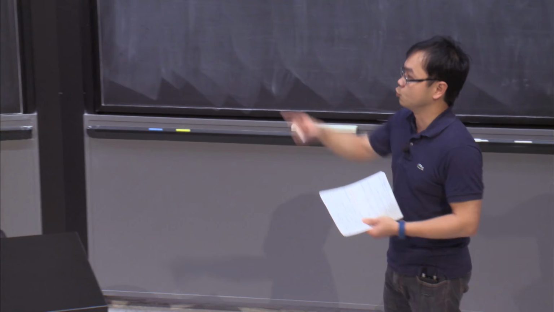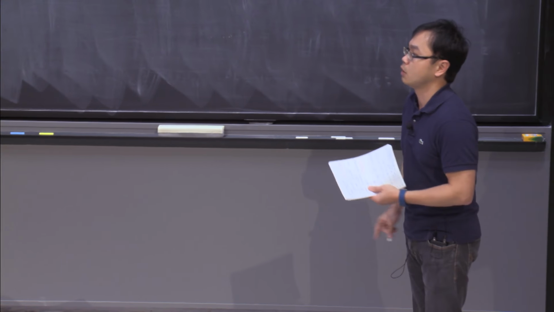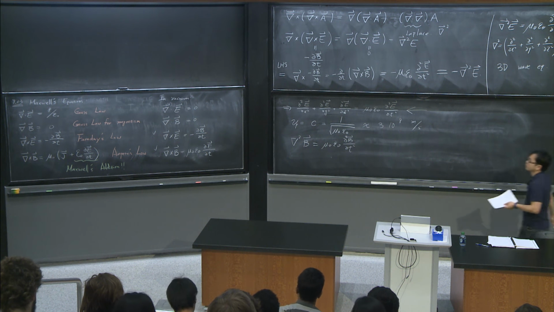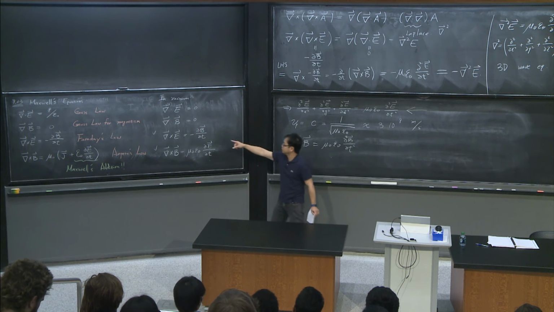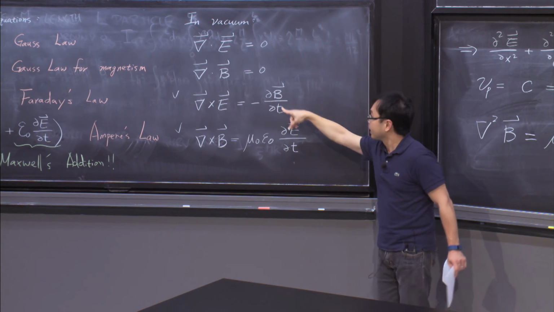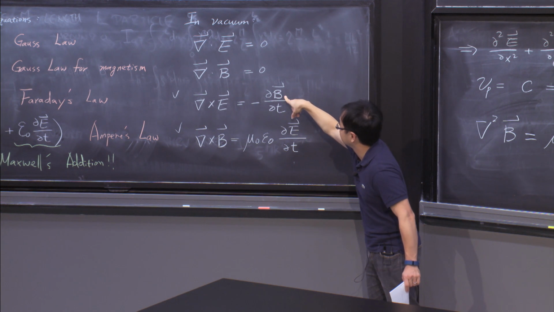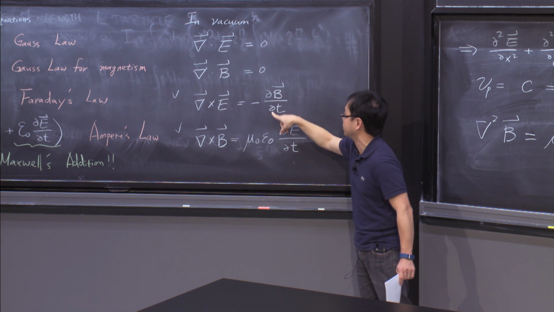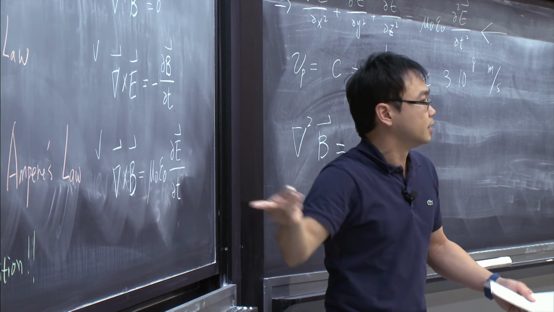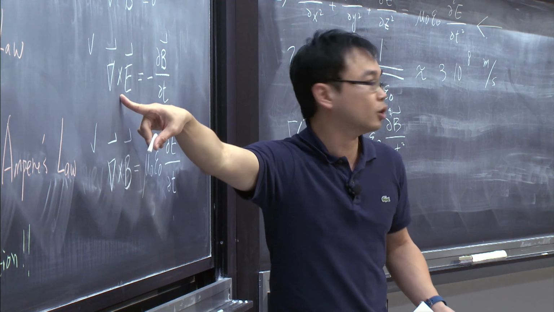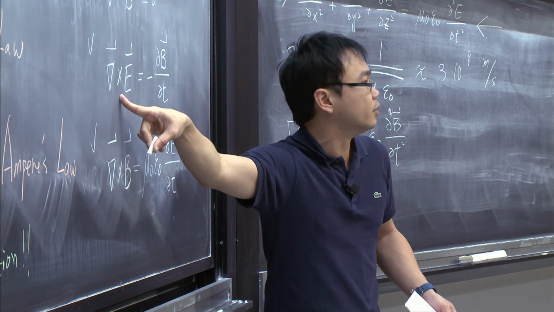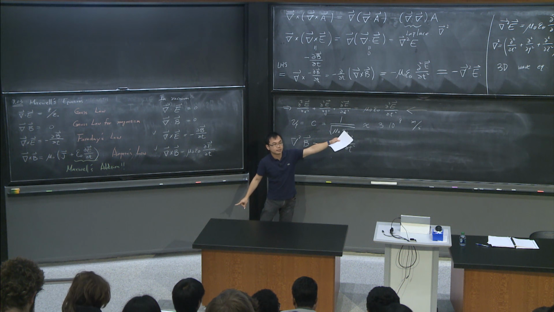But on the other hand, if you choose to use Faraday's law to solve this problem, the unknown is the magnetic field, the field which I would like to evaluate. And the expression for B is rather simple. It's just a partial derivative, partial B, partial t. And you can evaluate the known part. This curl looks pretty complicated, but you can evaluate that because you know the electric field.